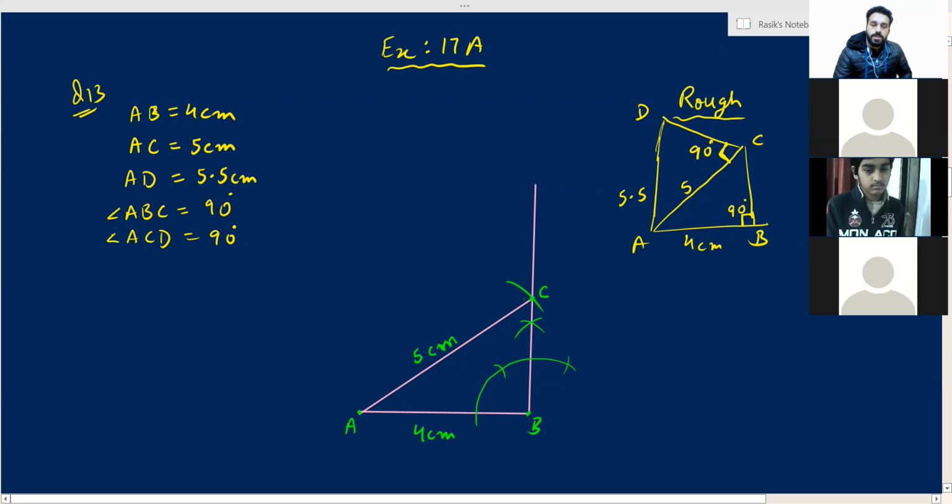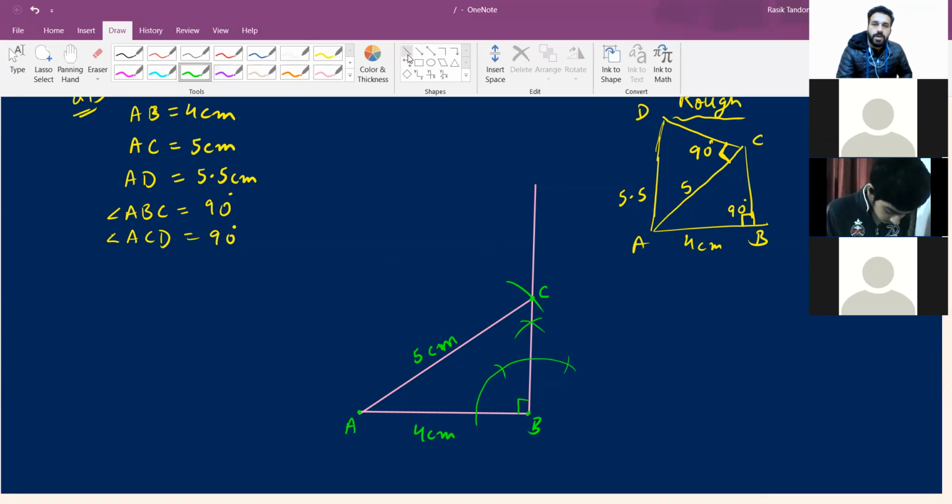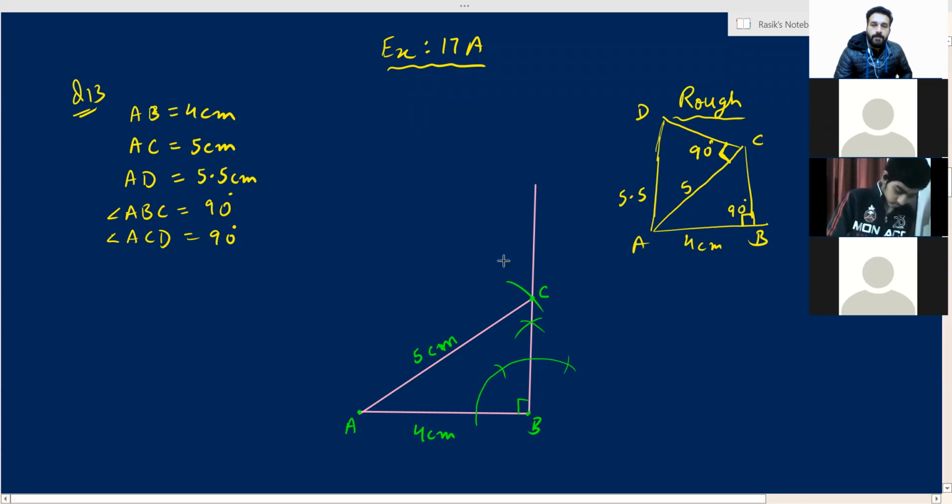Now, from vertex C, the work that we did for this triangle, the same thing we have to do here also. Again, you have to construct an angle of 90 degrees at vertex C. You have to make angle ACD 90 degrees. So this is how it will look.